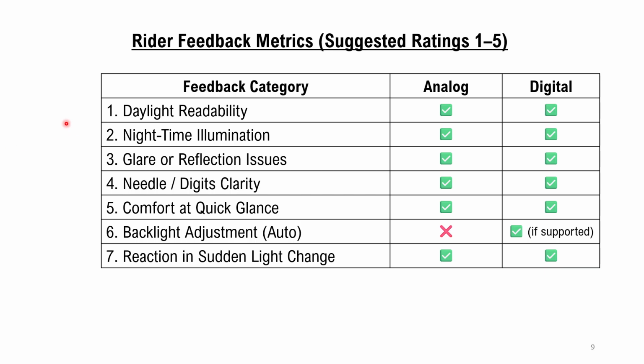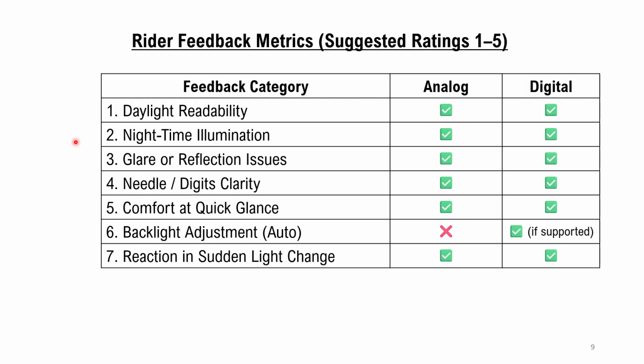The rider feedback metrics should be rated from 1 to 5 and would consist of the following. Number one, daylight readability, in both the cases to be evaluated at the scale of 1 to 5, and the speedometer is to be declared pass or fail accordingly.